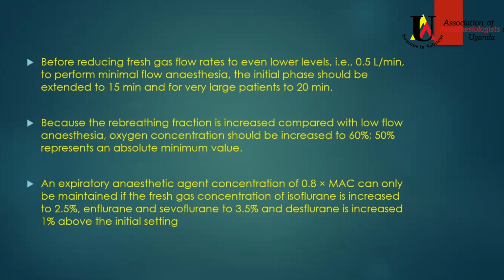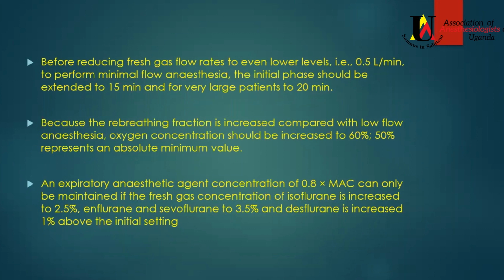The expiratory agent concentration of 0.8 of the MAC can only be maintained if the fresh gas concentration of isoflurane is now increased to 2.5, enflurane goes to 3.5, and desflurane is increased 1% above the initial setting. Remember, we said initially you may start around 6 to 8. Now you have to do 1% above, unless you're already at the maximum, then you leave it there.